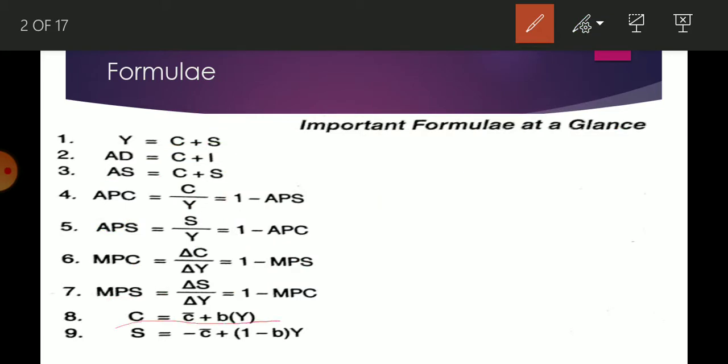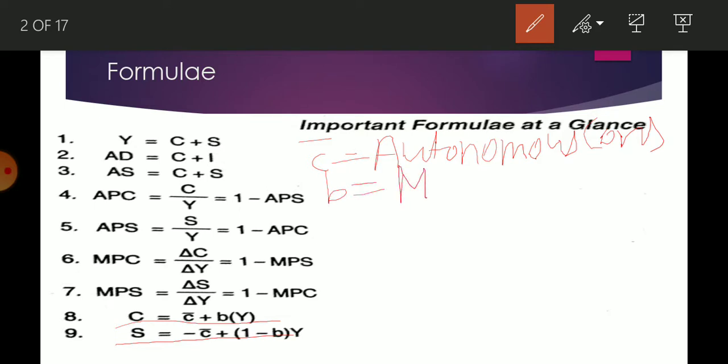Next is about the saving function and consumption function. Here C bar is equal to autonomous consumption. B stands for marginal propensity to save, and Y stands for national income.